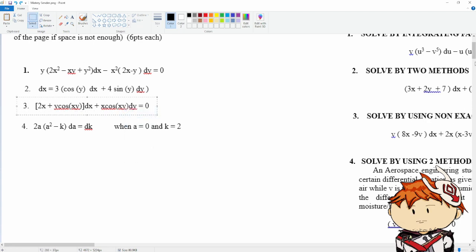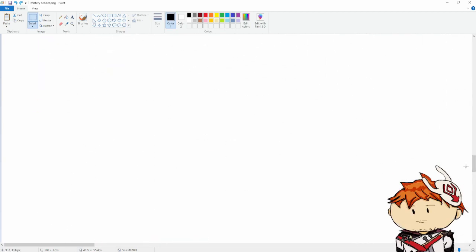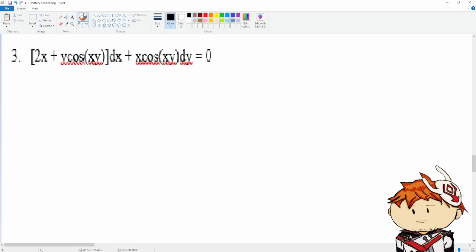Number 3. Okay, it is important that we know the type. The key factor is we know the type of equation. Here's one clue.